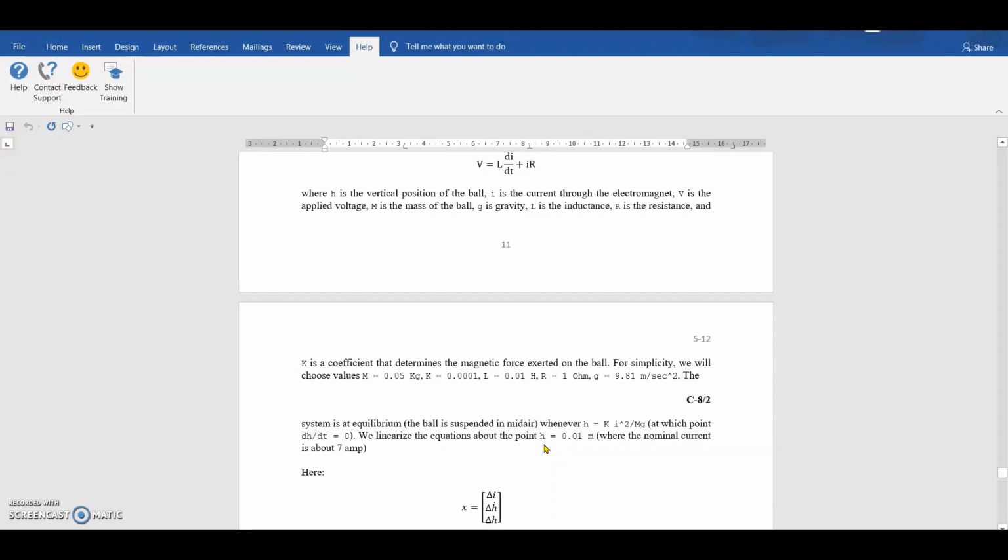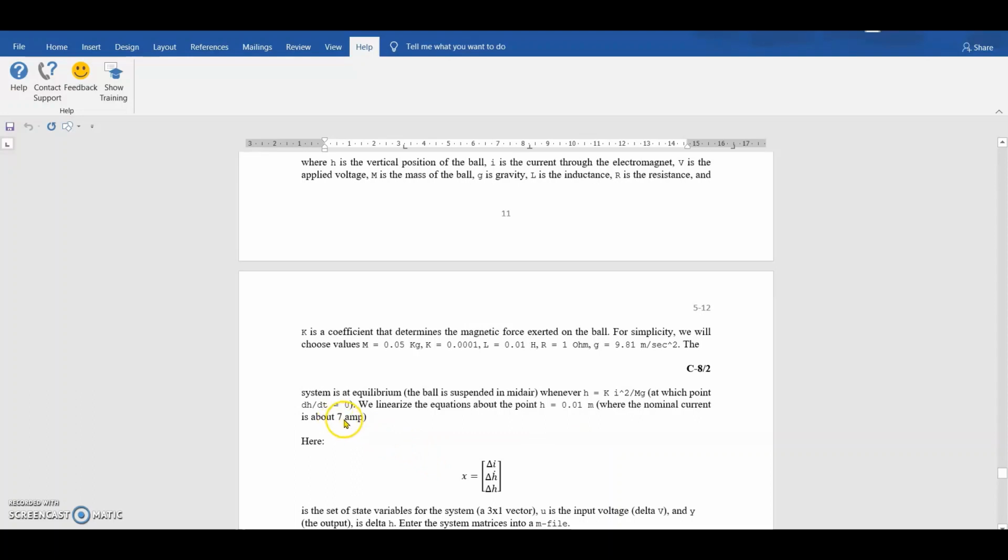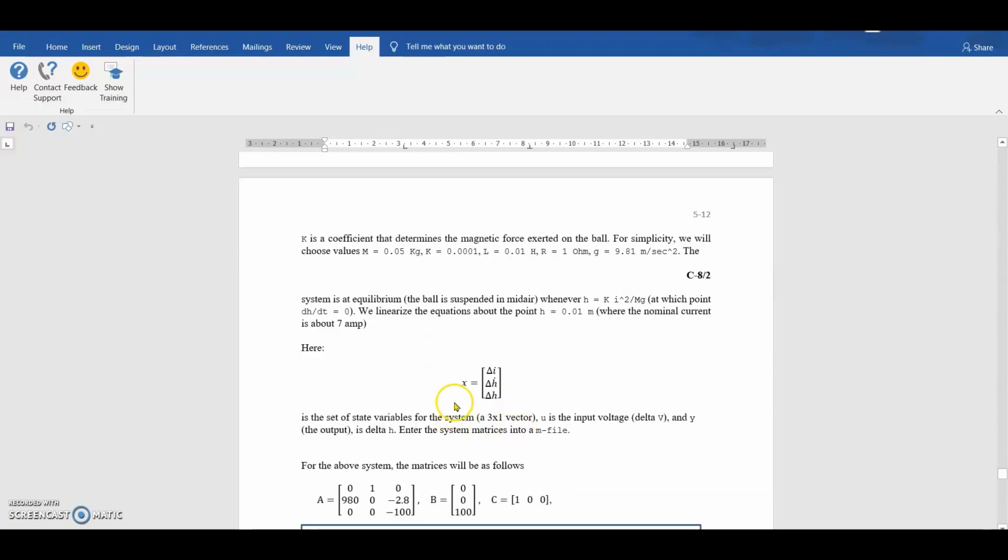To linearize the system, we have to choose an operating point, and the operating point which we are choosing is h is equal to 0.01 and current as 7 amperes, and velocity, which is nothing but dh by dt, is equal to 0. So the states that we have chosen are current i, velocity, that means h dot, and height, that means h, which is the separation between the ball and the solenoid.